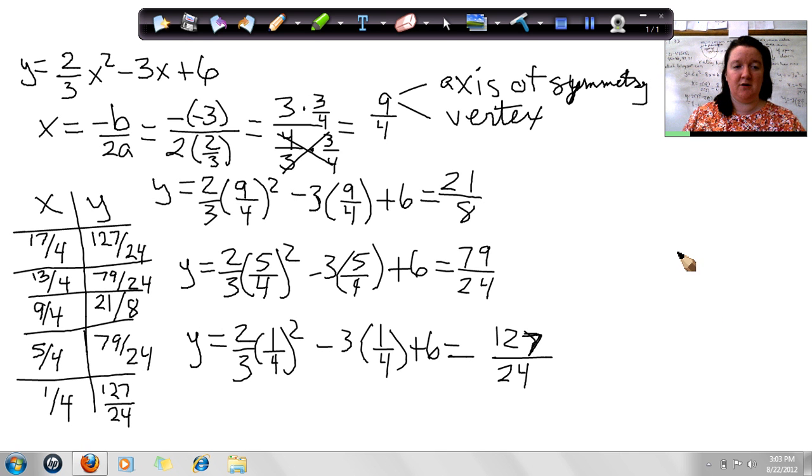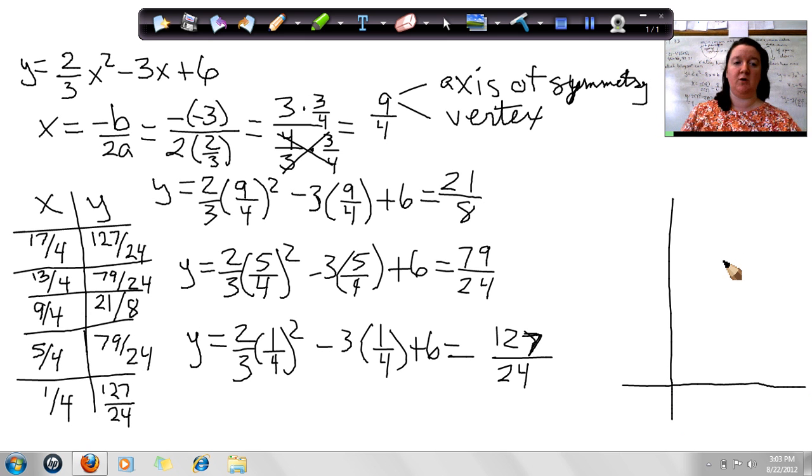So now we need to create our graph. And if you look at these, all of our y values are positive, and all of our x values are positive. So it's going to be over here in quadrant 1. The decimal value for this is 5.29 with some repeating digits. So we're going to make that 5.29 just for ease in graphing.